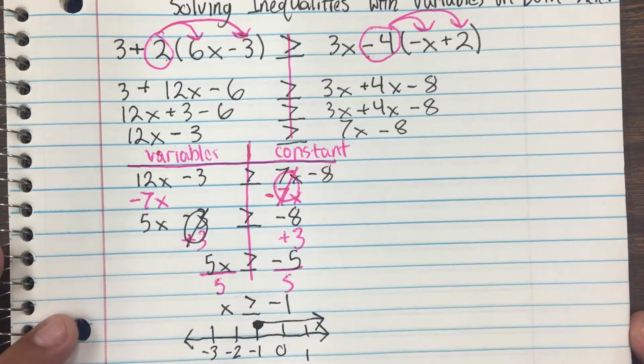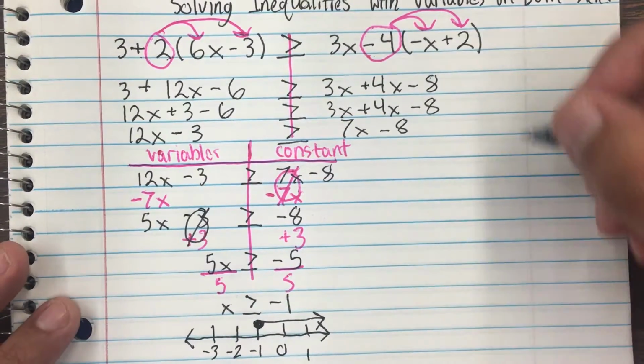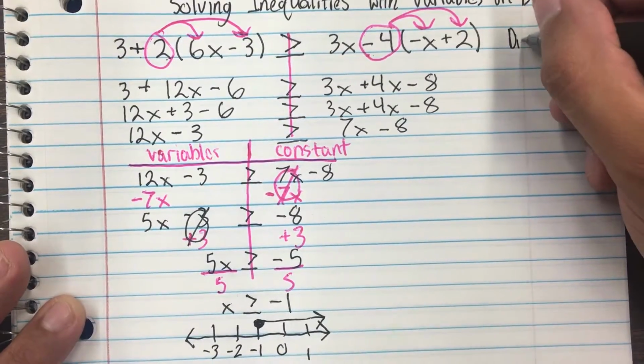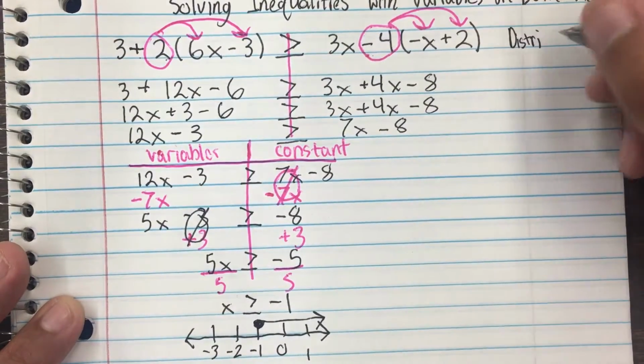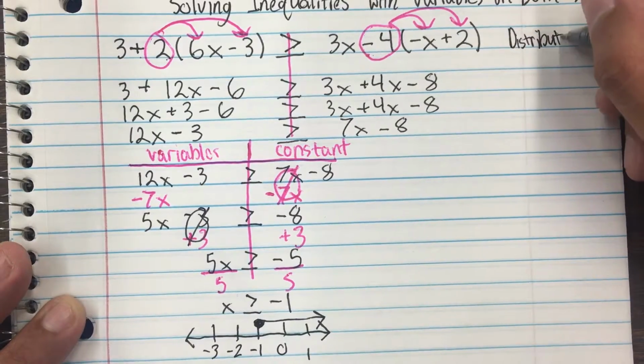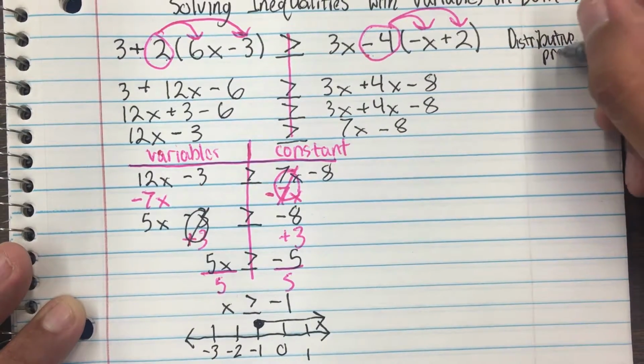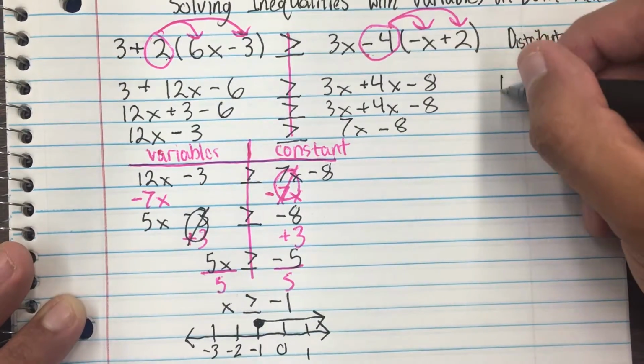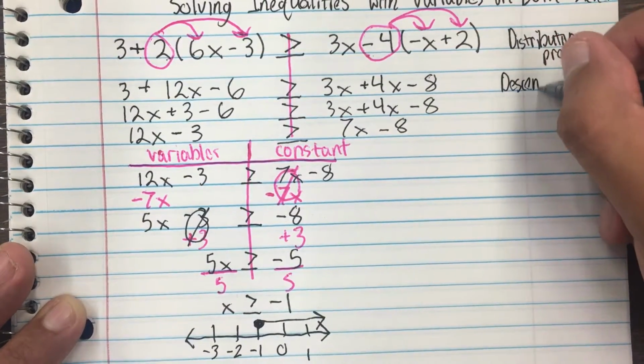Now from there, let's go ahead and just write down our steps. First off, we use the distributive property. Then we put them in descending order.